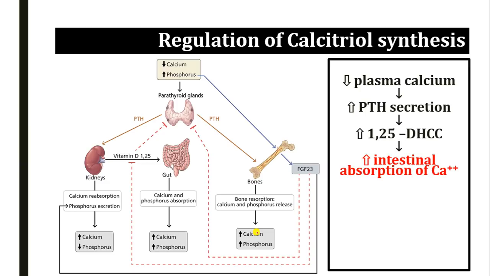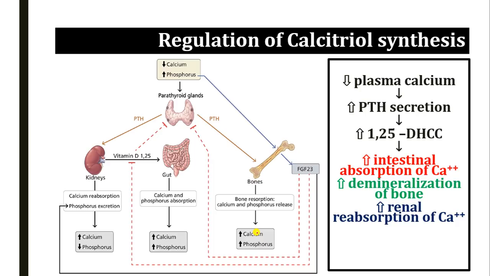This active calcitriol increases the intestinal absorption of calcium, causes demineralization of bone, and also increases the reabsorption of calcium from the renal tubules, and ultimately it increases the plasma calcium level. So this is the way how calcium level is regulated by the calcitriol, and the calcitriol itself is also regulated by this feedback mechanism.